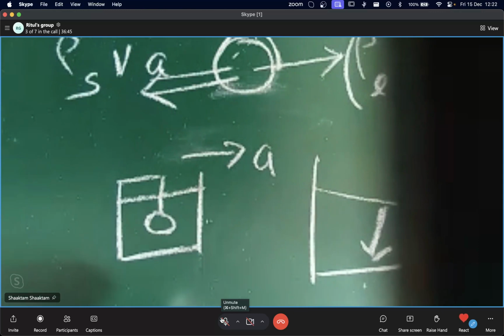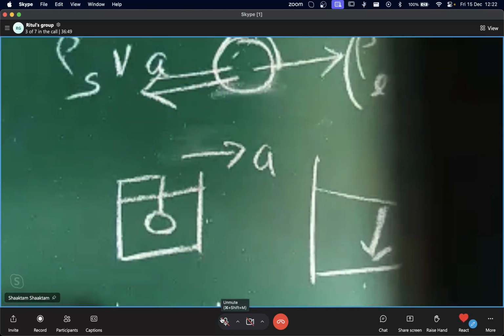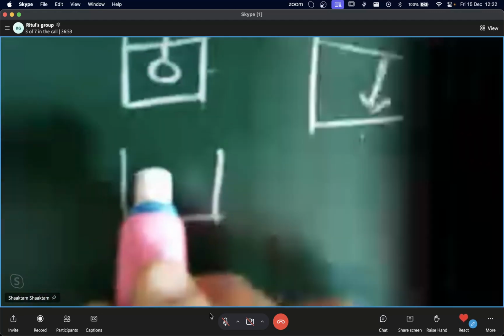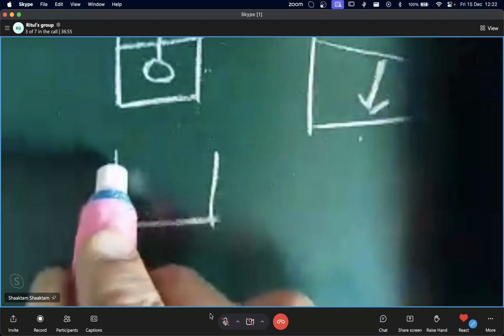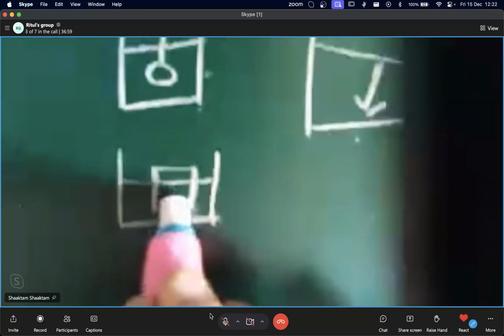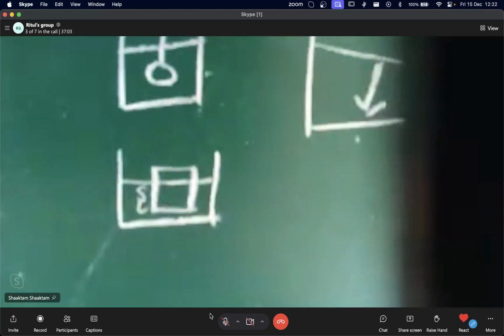Question number 2. This is a trough which we have taken. There is a cuboid floating in it with x part beneath the surface. This is the part beneath the surface.